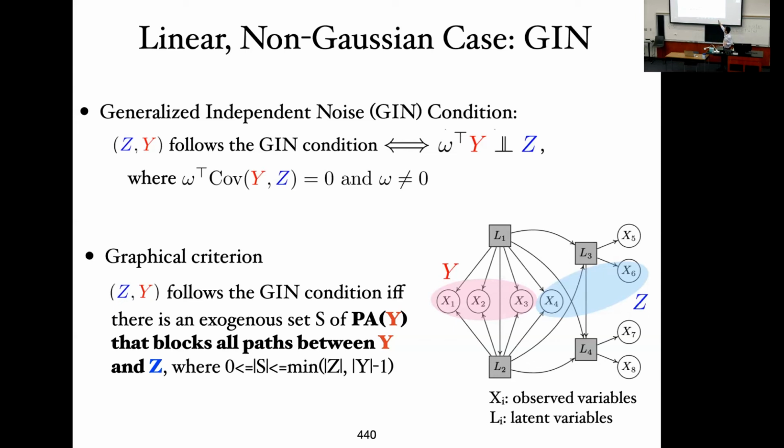Then the linear combination will be independent from Z. Graphically speaking, the latent common causes of the Y variables right here are L1 and L2, and L1 and L2 can de-separate Y from Z. The condition holds true. So you can just verify such conditions.